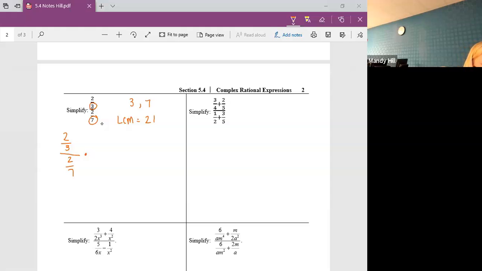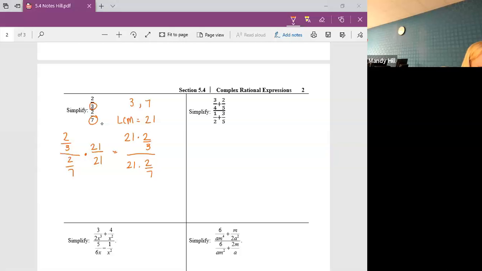Okay, just writing the problem down again. And remember that whatever our least common multiple is, that's what you're supposed to multiply everything by. So 21 over 21. What that's going to do is we're going to say 21 times 2 over 3 and 21 times 2 over 7.